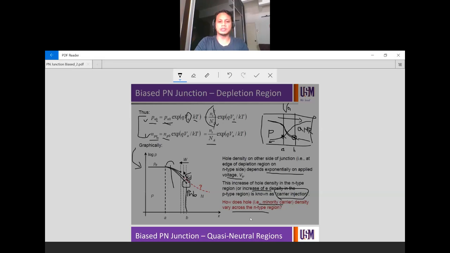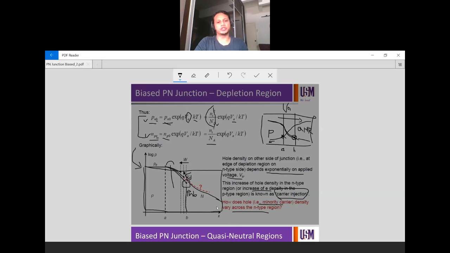So how does your hole here vary across the N region? So it's talking about this whole region, the whole curve, until the end of the whole PN block, right?